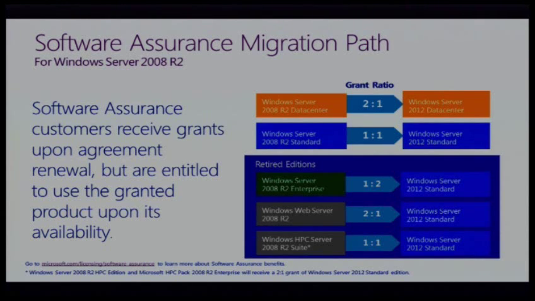In addition, these customers will be able to run their Web Server licenses in addition to their granted Standard Edition license. For every 1 Windows HPC Server Suite a customer had, they received 1 license of Windows Server 2012 Standard, providing customers with access to all the product features, an additional virtual instance, and the ability to run more than just HPC workloads.